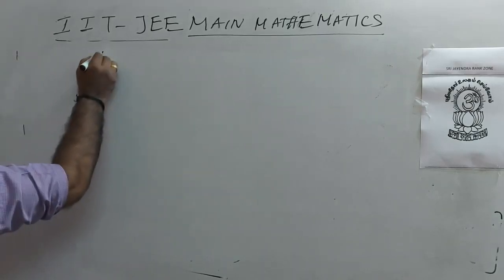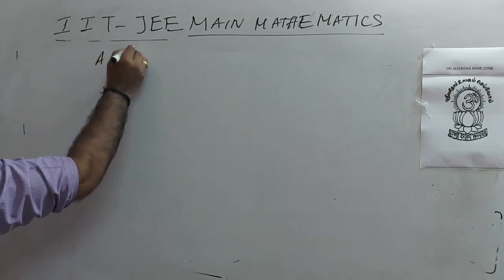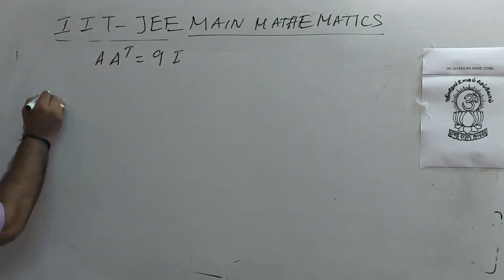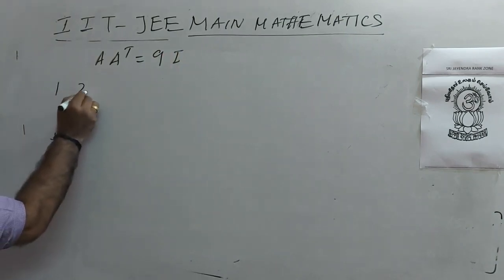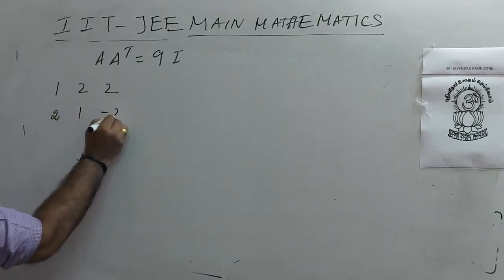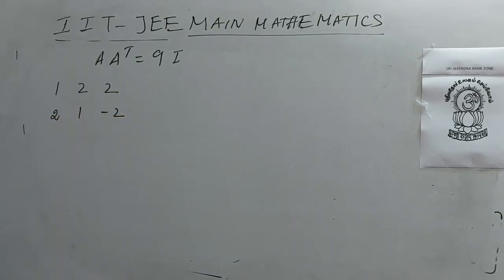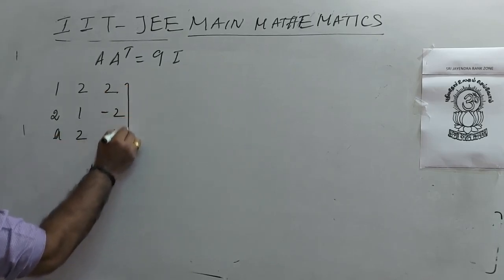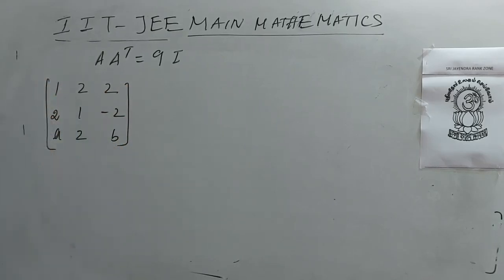So the given statement is A into A transpose equal to 9 into I. First take the matrix A, that is 1, 2, 2 in the first row, 2, 1, minus 2 in the second row, A, 2, B in the third row.